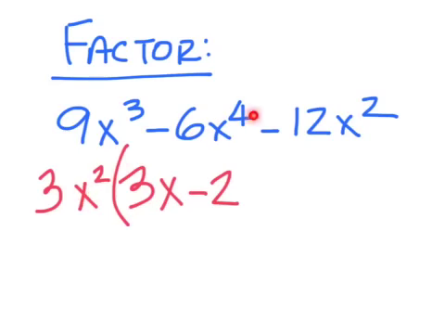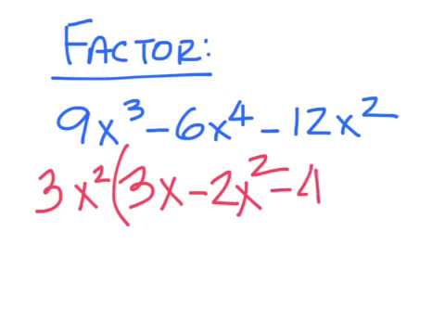X squared times what is x to the fourth? Not 2x, not x2, x squared. We don't call it x2, it's called x squared. We do not create our own language. You must have x squared. 3 times what is 12? 4.